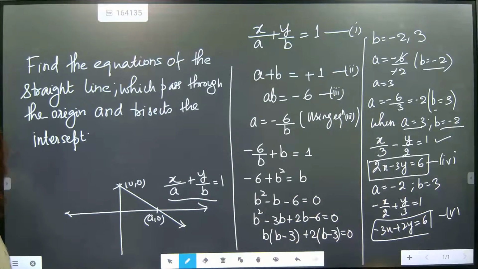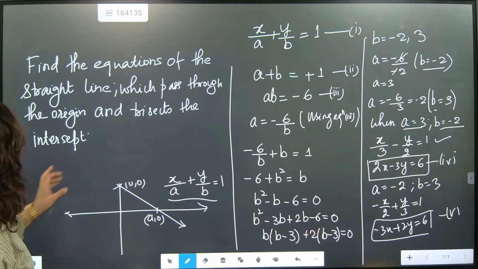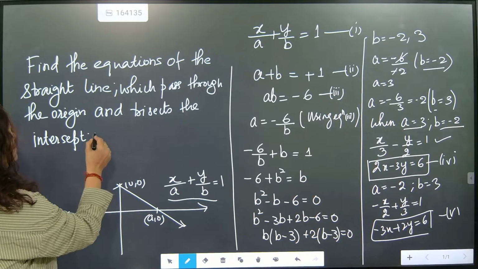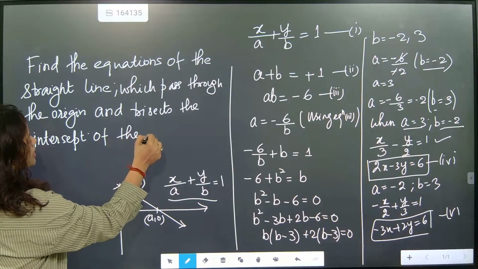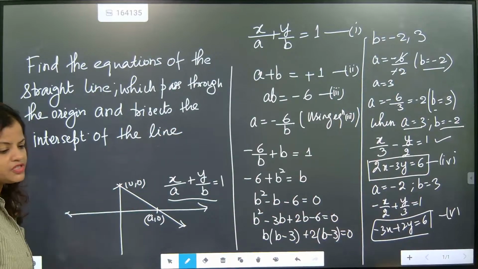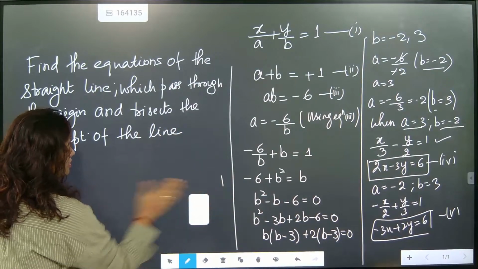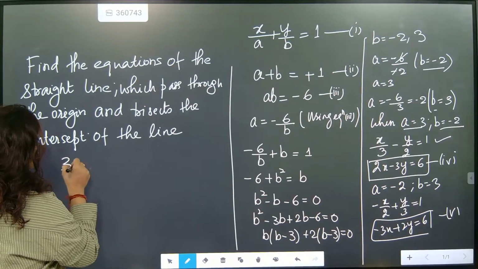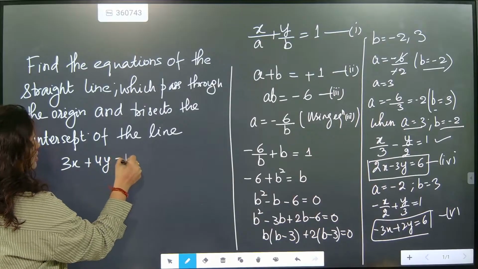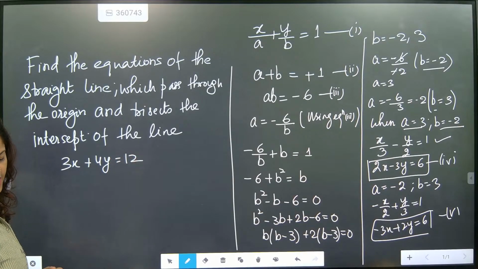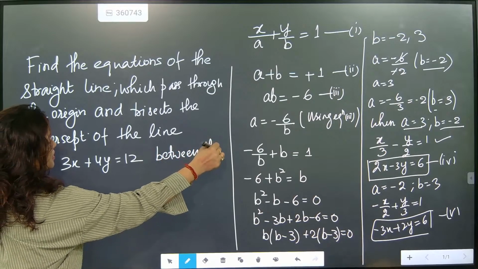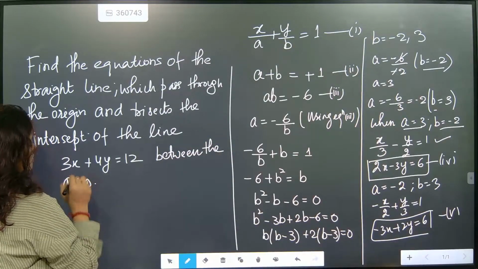Find the equations of straight lines which pass through the origin and trisect the intercept of the line 3x plus 4y equal to 12 between the axes. This is a good question.